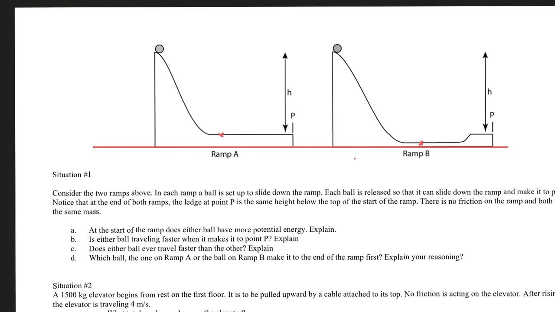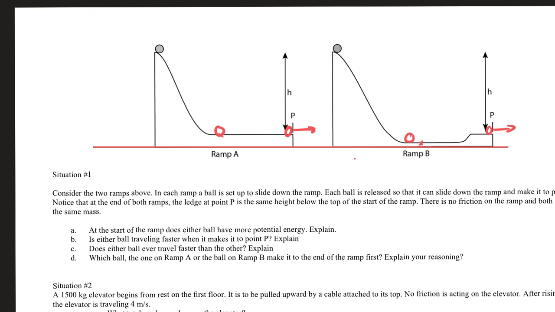I do note that at the end of the ramp, the balls will have the same amount of energy here, and they're at the same height. So at the end of the ramp here, they both will have the same velocity as they leave the ramp. But on ramp B, the ball, when it made it to here, will be traveling faster than when that same ball makes it to the bottom of ramp A. Would you agree with that?